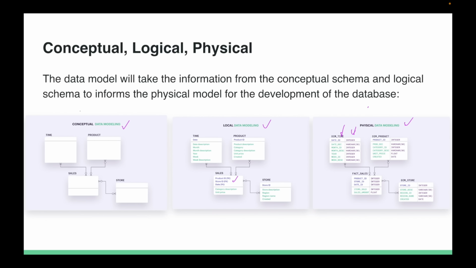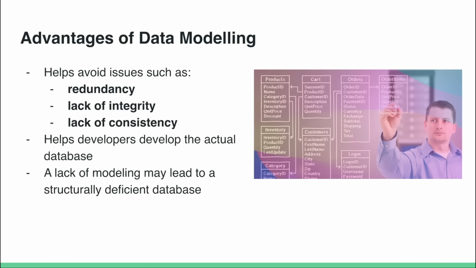Now, some of the advantages of data modeling are similar to what normalization is in many ways, except data modeling occurs in the planning stage, and normalization is an actual process, an operation that is done in the database.